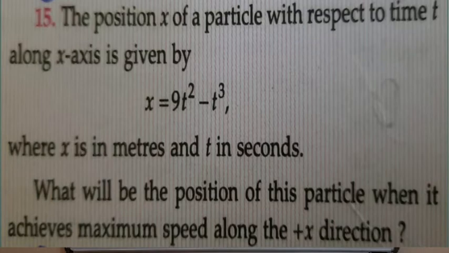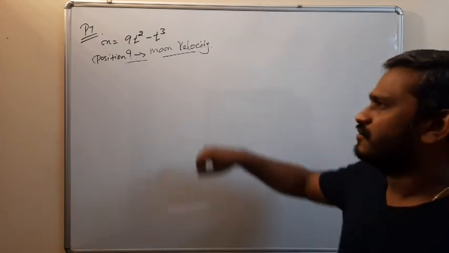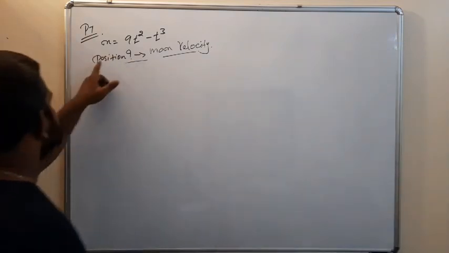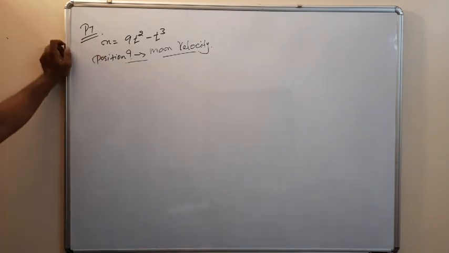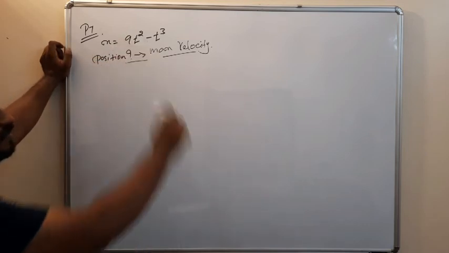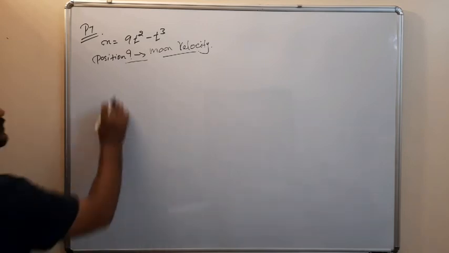So this is given in the question. The position of the object is given by x equal to 9t square minus t cube. So we have to find the position of the same object when it reaches the maximum velocity.